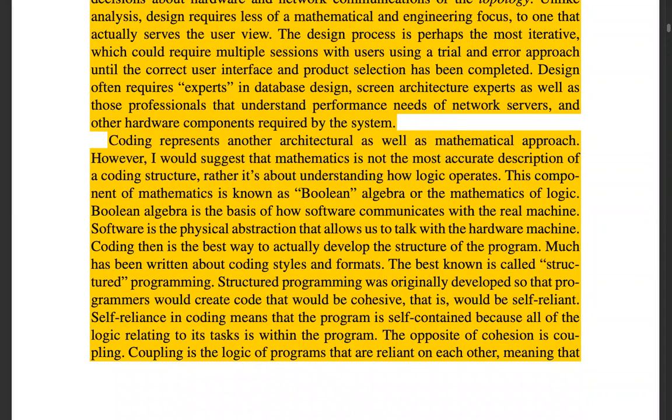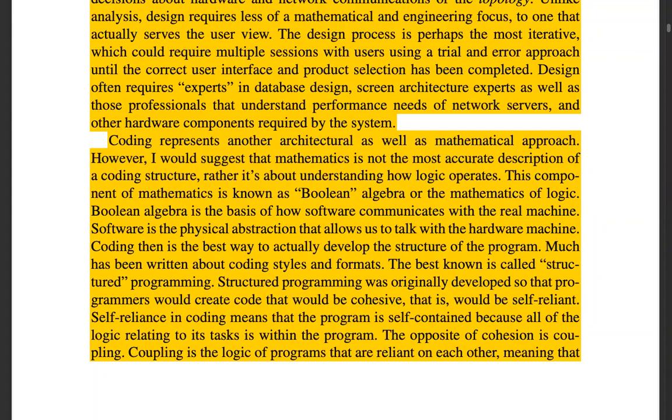This combinatorial mathematics is known as Boolean algebra, or the mathematics of logic. Boolean algebra is the basis of how software communicates with the real machines. Normally it is in the form of 0, 1, and software is a physical abstraction that allows us to talk with the hardware machine. So coding is the best way to actually develop the structure of the program.